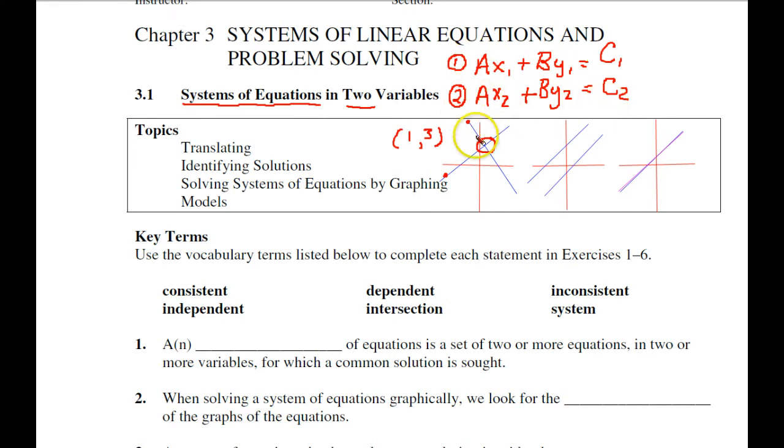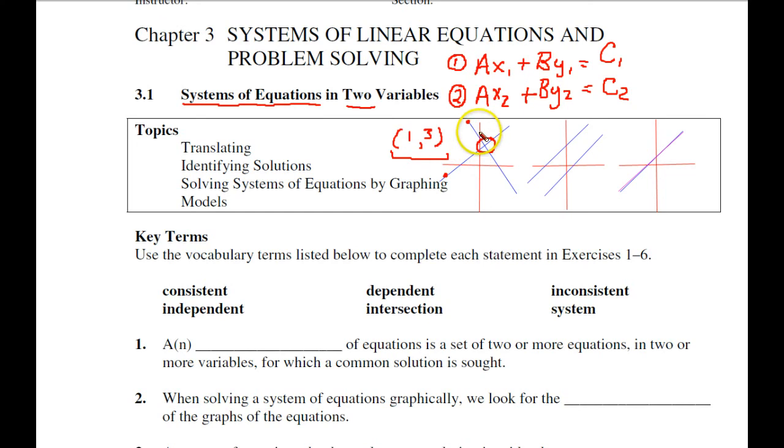And when you graph them, they intersect at that particular point. So this is a unique solution. It's only one point where these two graphs intersect. So we say that's a solution for this system of equations.